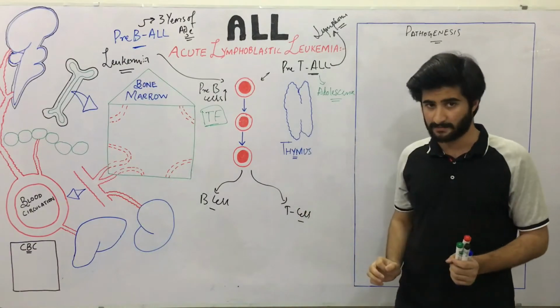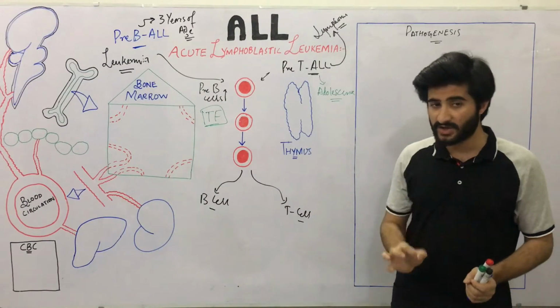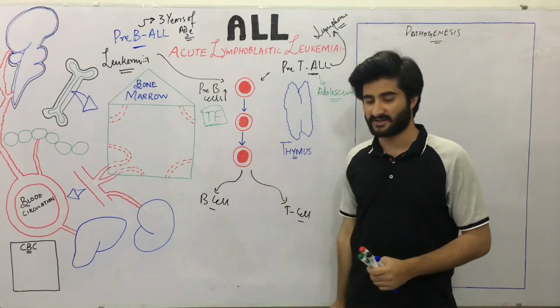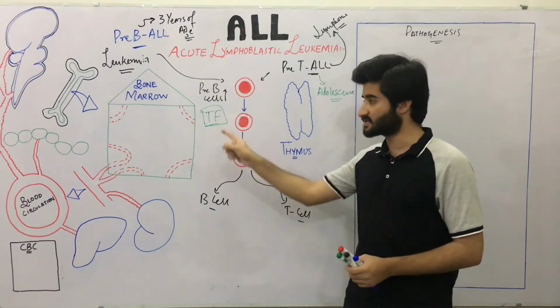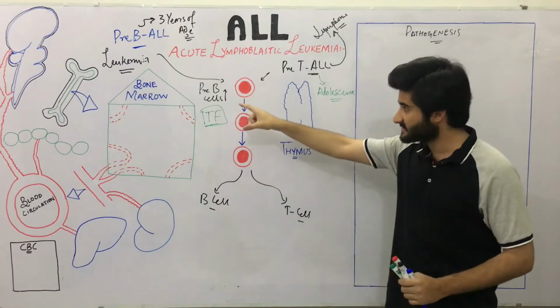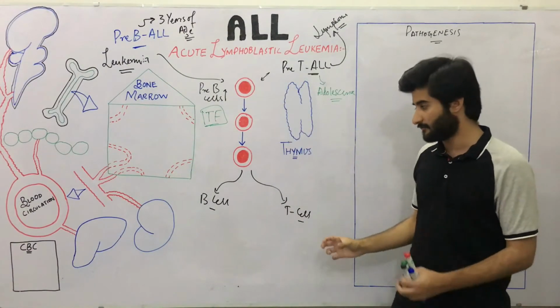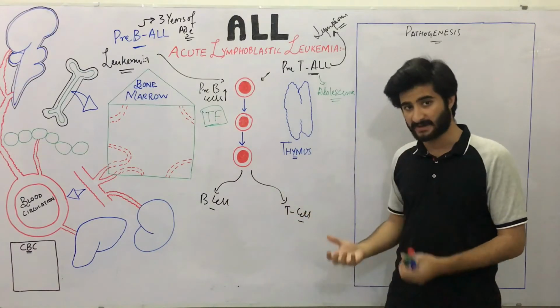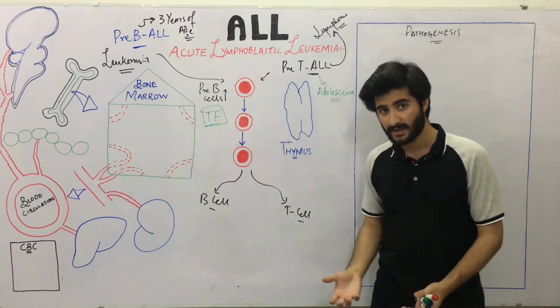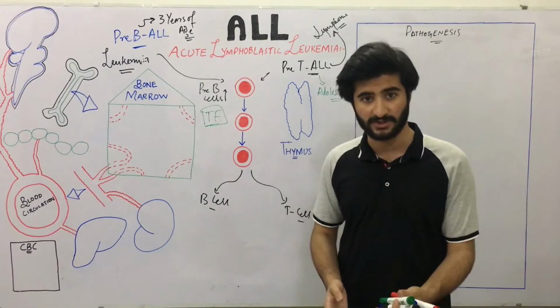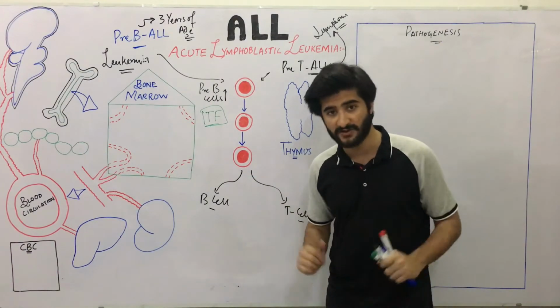But if there is a mutation in these transcription factors, the pre-B cells and pre-T cells will not be able to form B cells and T cells respectively. What kind of mutation will it be? Loss of function mutation or gain of function mutation? Exactly, loss of function mutation.